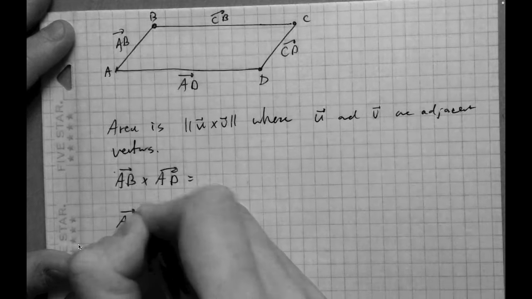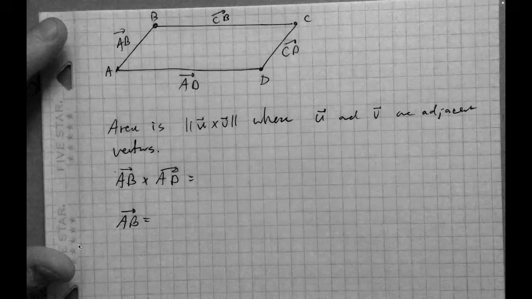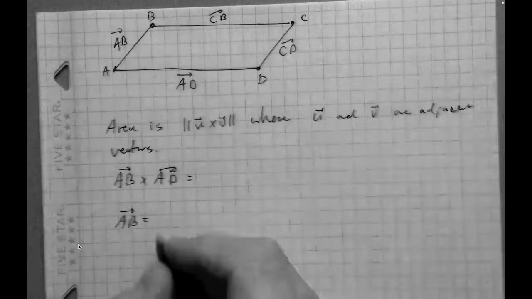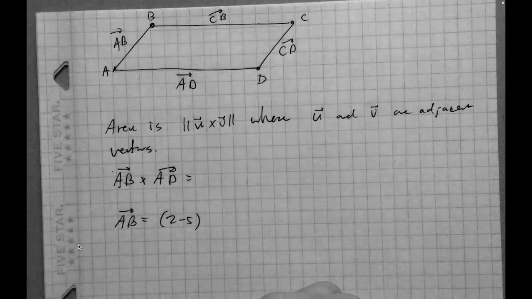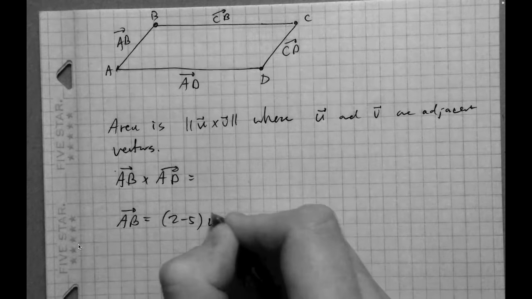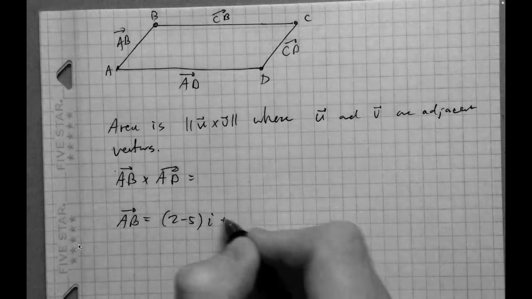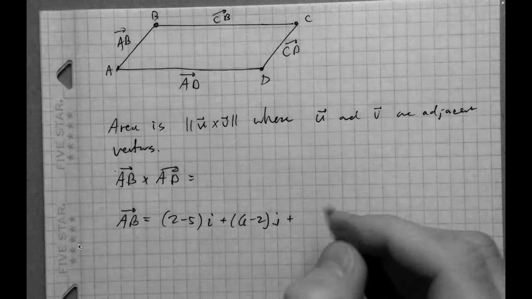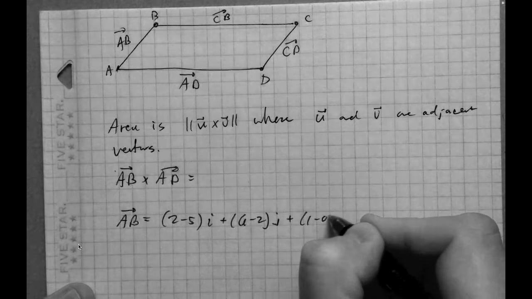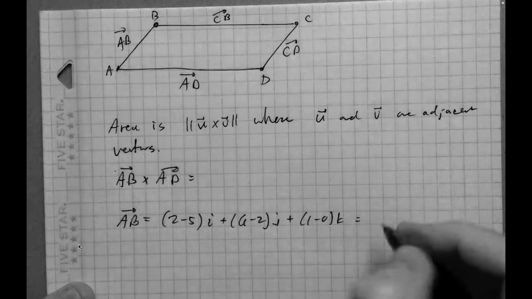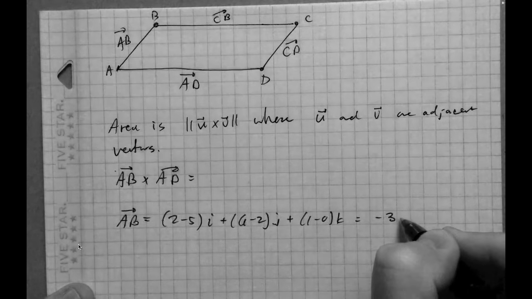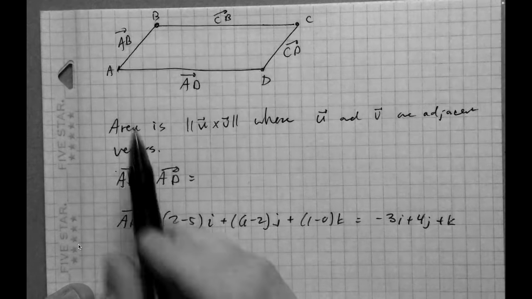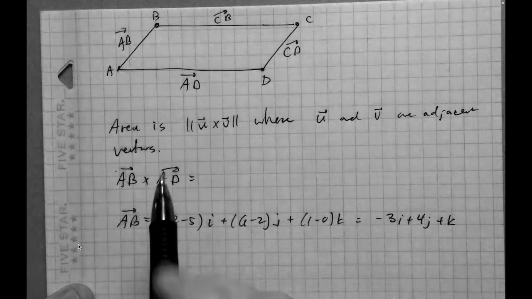So AB is equal to, basically you take B and subtract off A. So you would take 2 minus 5 i, plus 6 minus 2 j, plus 1 minus 0 k. And you'd get negative 3i plus 4j plus k. And you can do the same thing for AD.